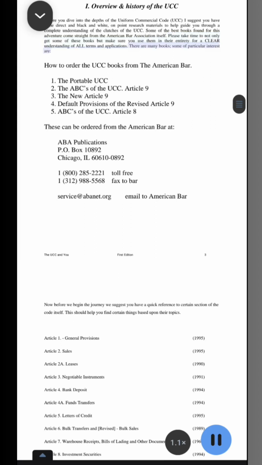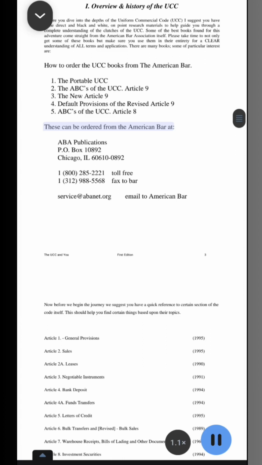There are many books. Some of particular interest are: How to Order the UCC Books from the American Bar. 1. The Portable UCC. 2. The ABCs of the UCC, Article 9. 3. The new Article 9. 4. Default Provisions of the Revised Article 9. 5. ABCs of the UCC, Article 8.